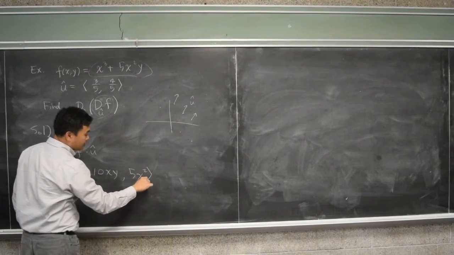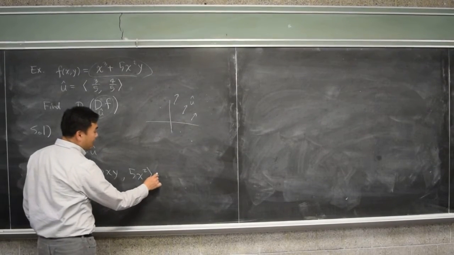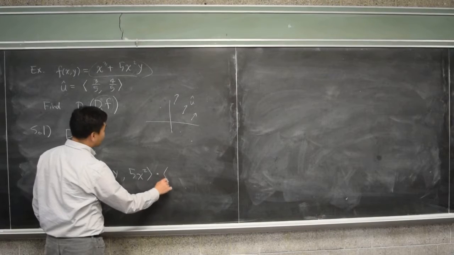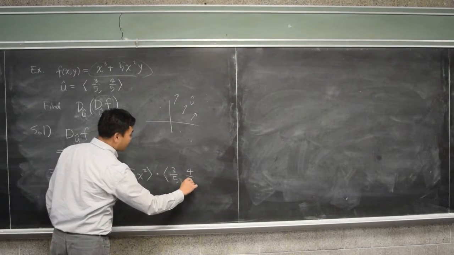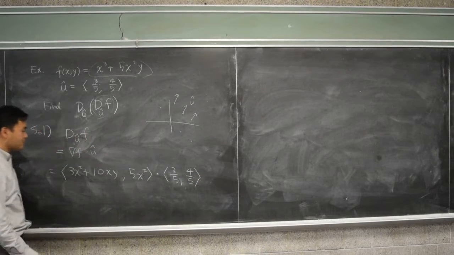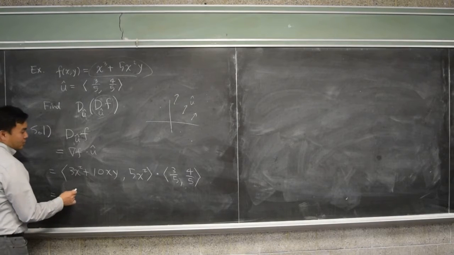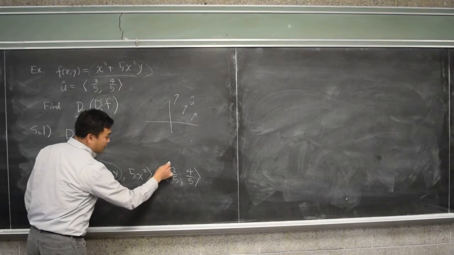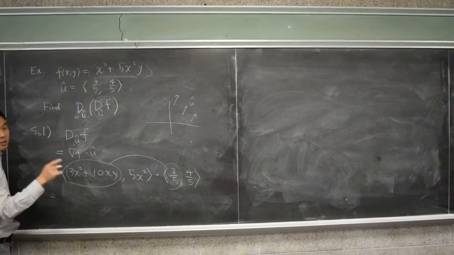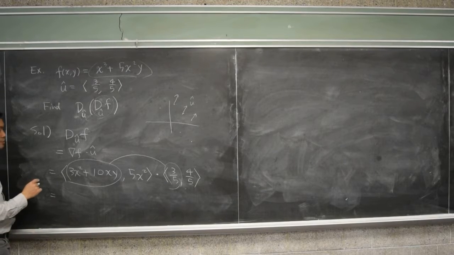And then you do a dot product with 3 over 5 comma 4 over 5. So we compute the dot product. It's a component-wise multiplication, so the x components multiply together, and the y components multiply together, and then you add the results. Okay, that's what dot product is.